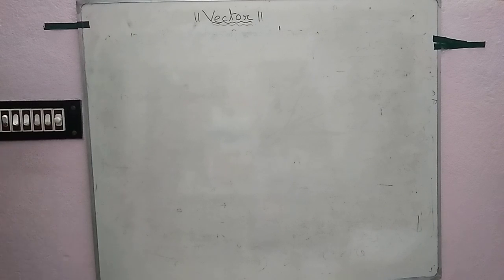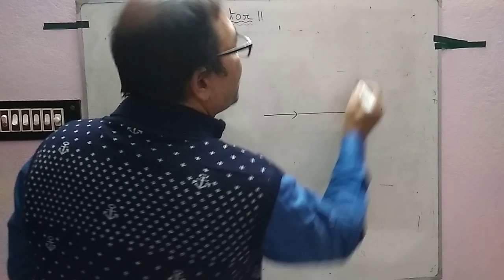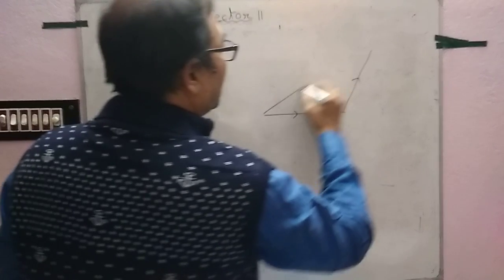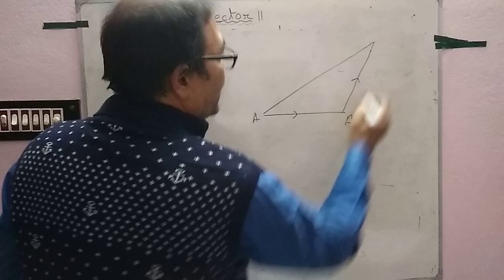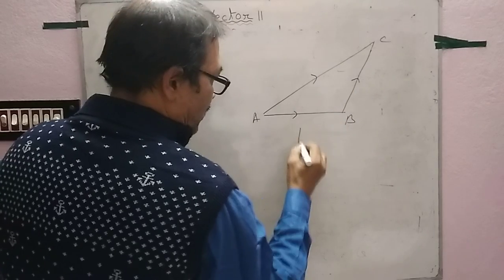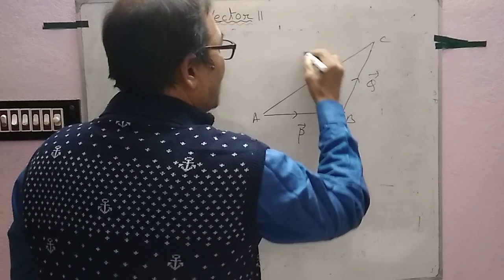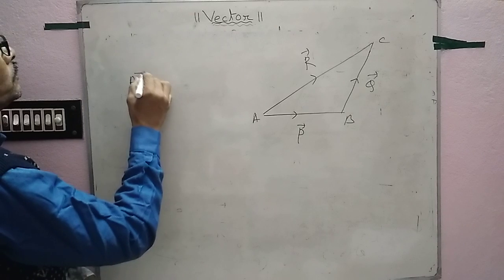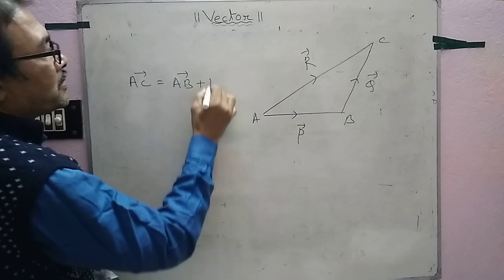নাও অ্যানাদার, ফ্রম ট্রায়াঙ্গুলার ল তে আমি ফিরে যাচ্ছি। দিস ইজ এ ভেক্টর, দিস ইজ এ ভেক্টর, দিস ইজ এ ভেক্টর এ বি সি। This is if this P vector, Q vector, this is R vector. According to triangular law, AC equal to AB plus BC.